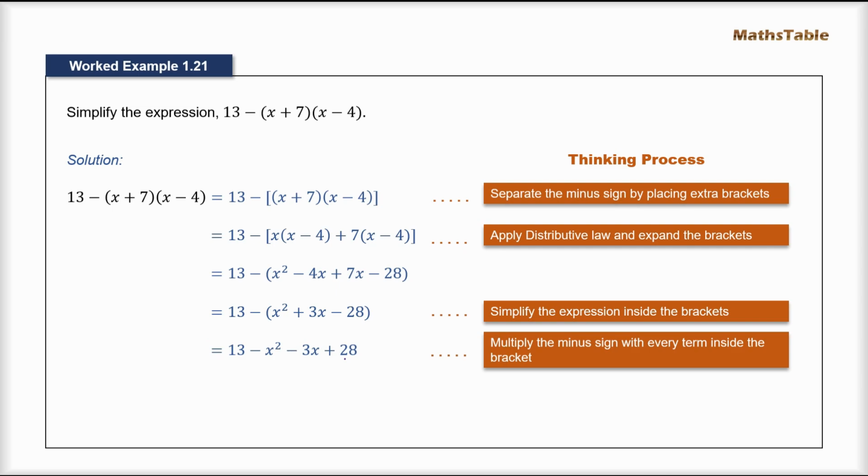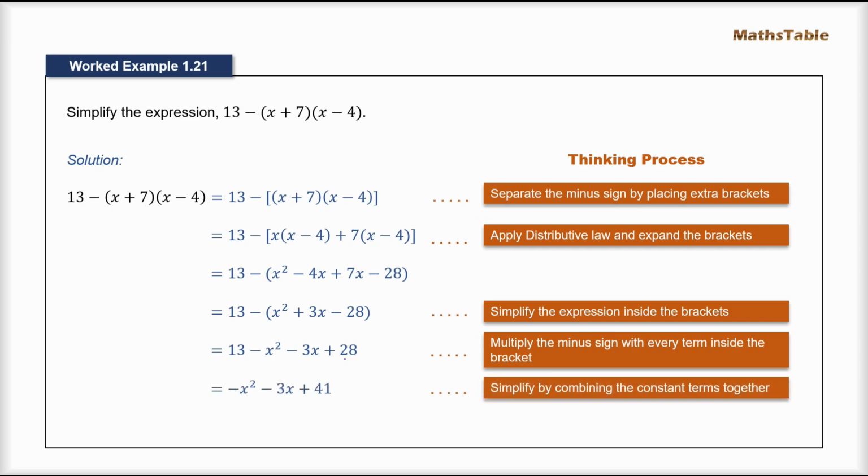So we can combine these two constants together to obtain the final answer, minus x squared minus 3x plus 41. So this is how we can easily apply distributive law to obtain an expansion and hence apply the algebraic rules of addition to combine the like terms together and obtain a simplified version of this expression.